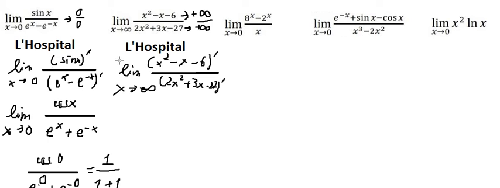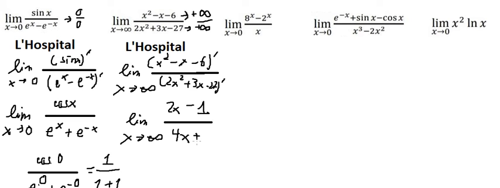If we do the first derivative, you get 2x minus 1 over, the first derivative of x squared gives 2x, 2 and 2, you get 4x plus 3. Now when x goes to positive infinity, this one still goes to positive infinity. 4 with x, 4 is a positive number, so you get positive infinity.